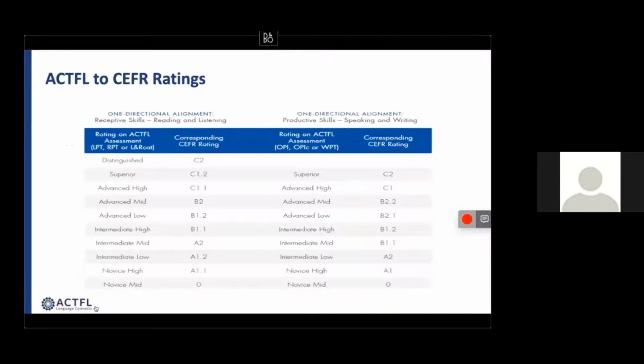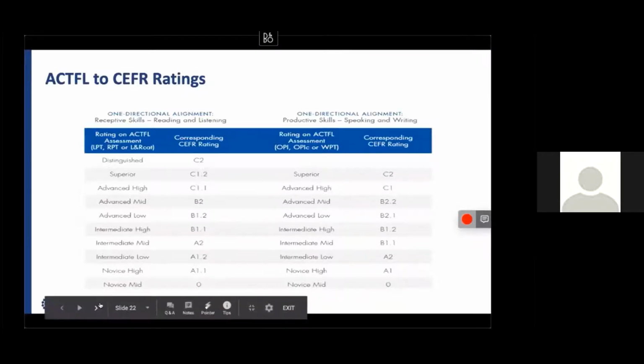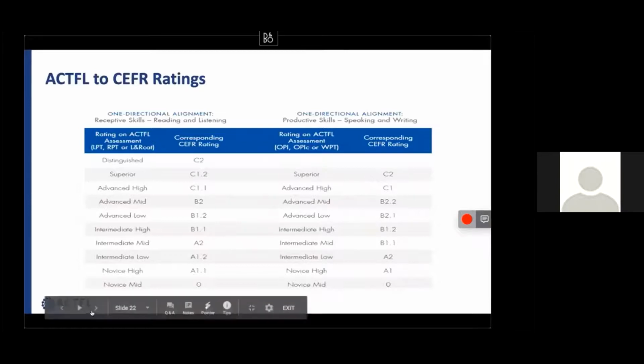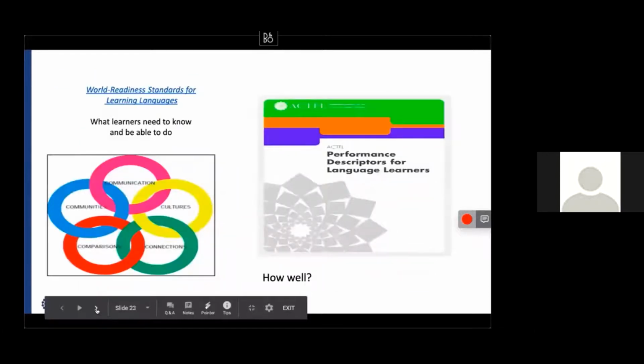What we have found in the research is that an ACTFL score can be assigned a CEFR rating, and there are different correspondences between the receptive skills and the productive skills. Next slide.